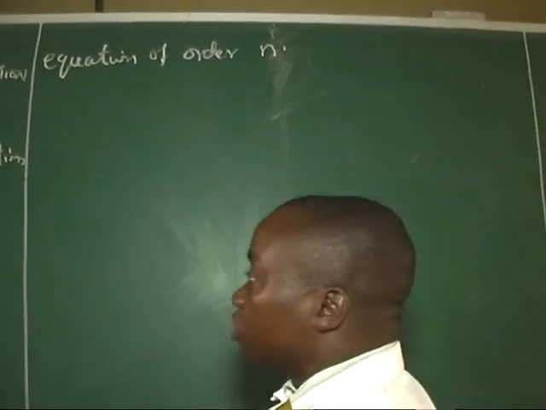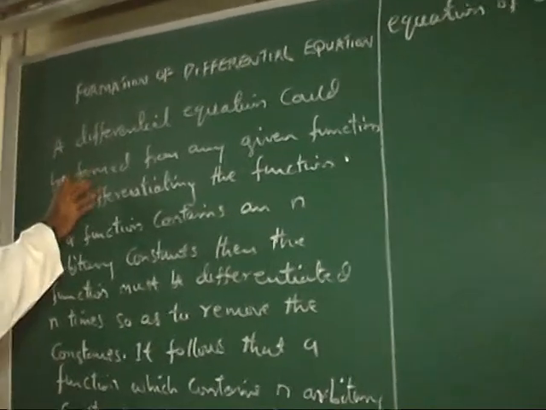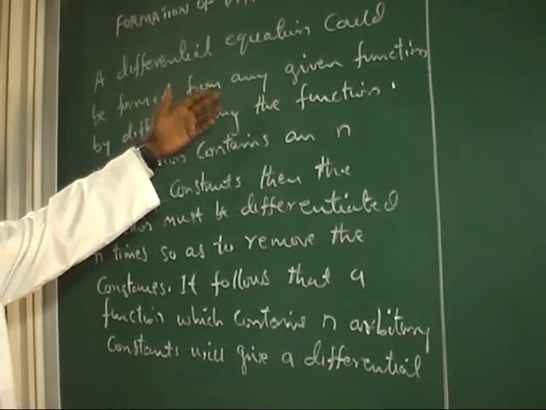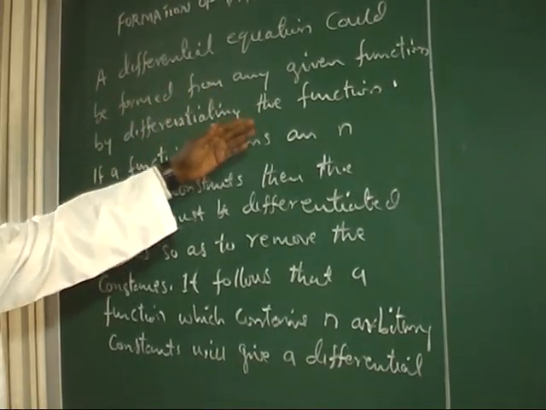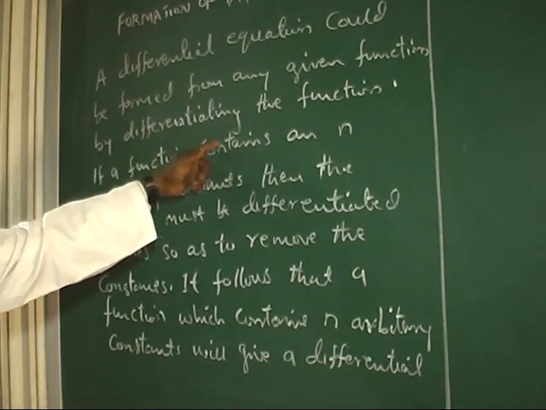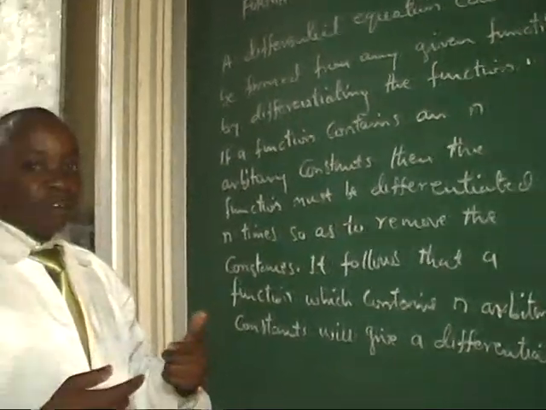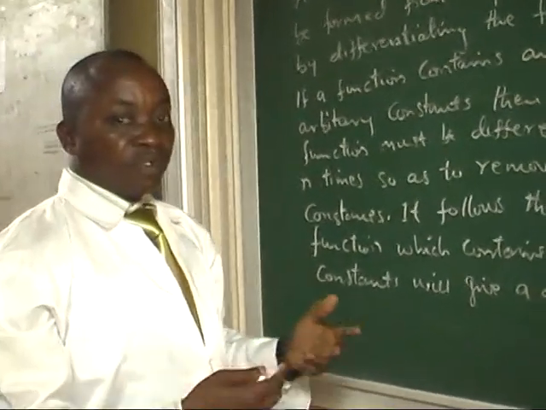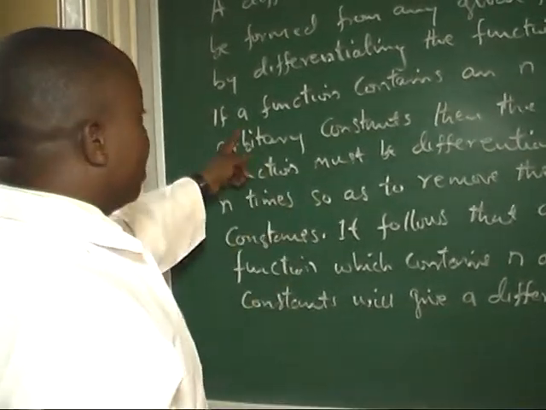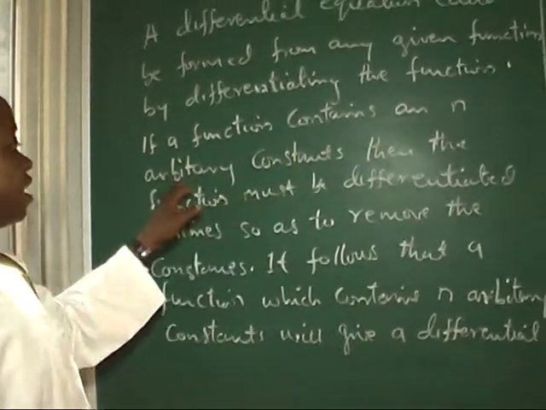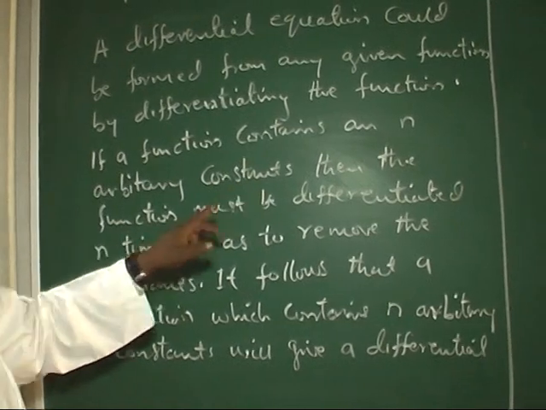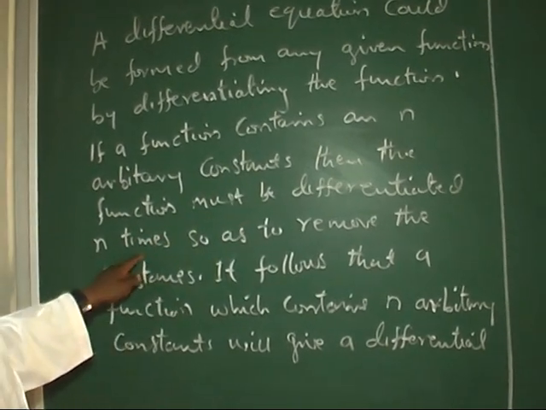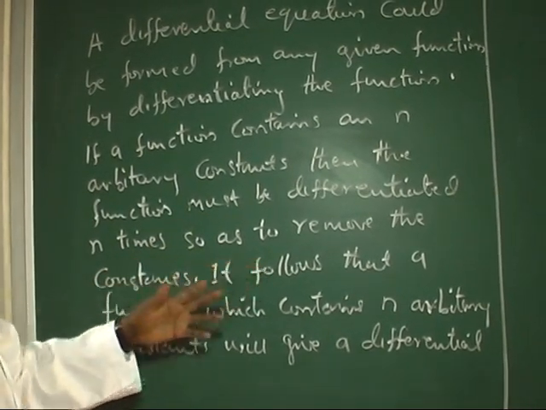So what we are trying to say is that a differential equation can be formed from any given function by differentiating the function. So if we are given a function, we can differentiate the function to form a differential equation. If a function contains n arbitrary constants, then the function must be differentiated n times so as to remove the constants.